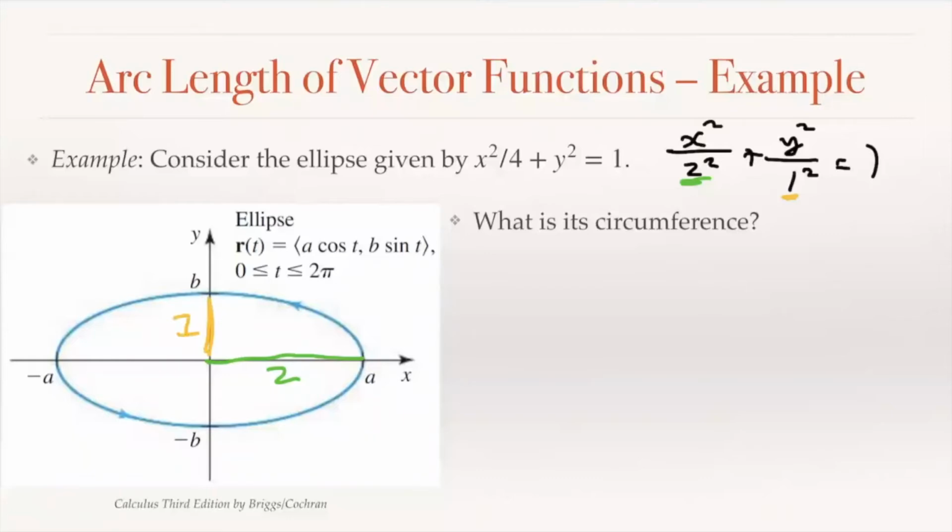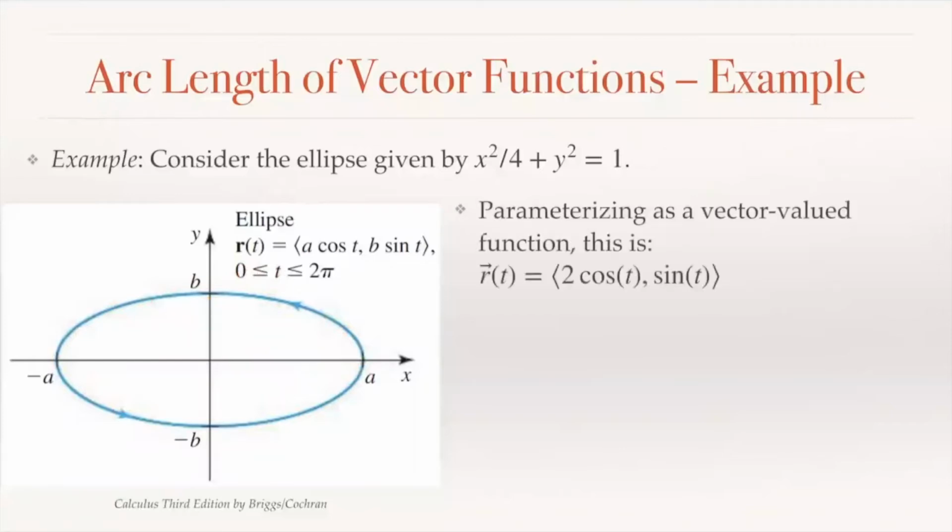So what is the circumference of this ellipse? The first thing we need to do, applying our arc length formula, is parameterize it. Recall from an earlier section that a parameterization of this is r of t equals 2 cosine t, sine t. We did this in one of the chapter 13 sections.